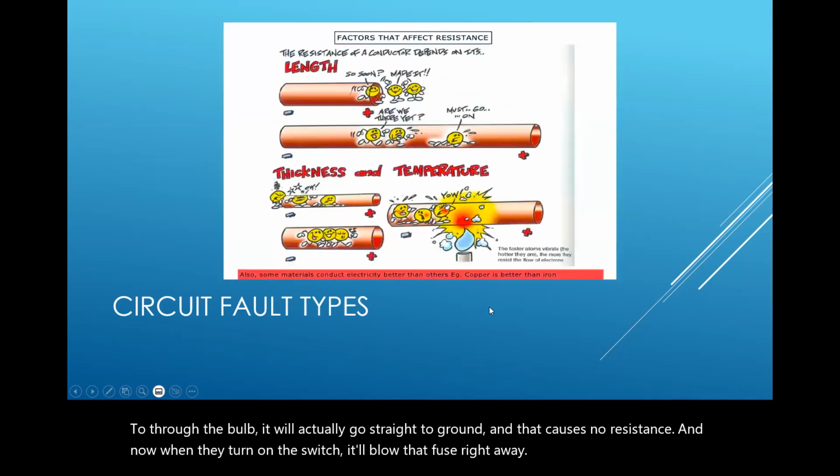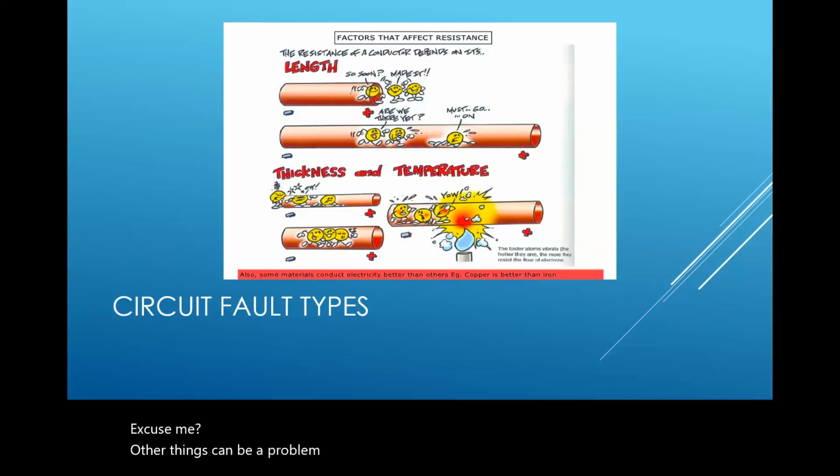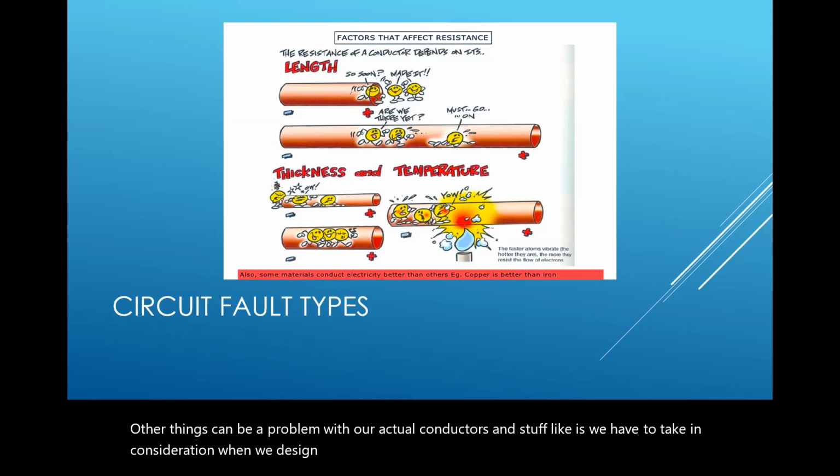Excuse me. So other things can be a problem with our actual conductors. We have to take into consideration when we design a circuit, and this is where the manufacturers painstakingly spend time on it.